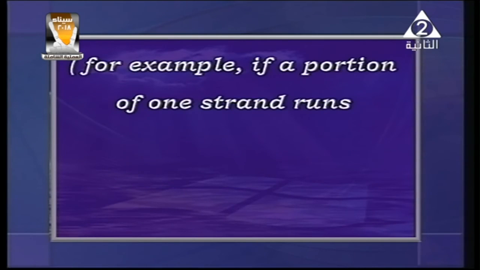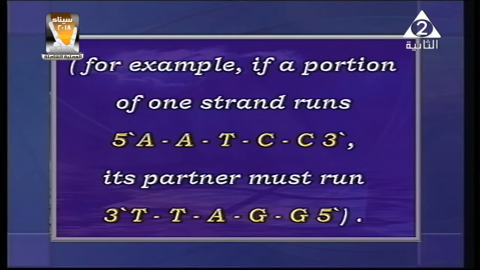For example, if one strand runs from 5 prime, adenine, thymine, cytosine, and ends at 3 prime, then its partner, the complementary strand, is the other strand.